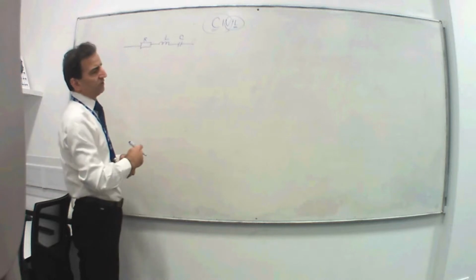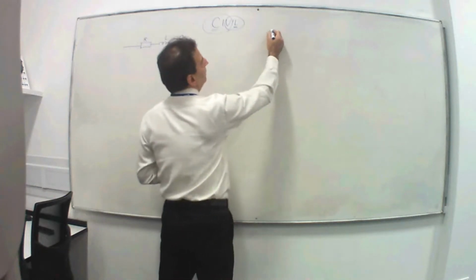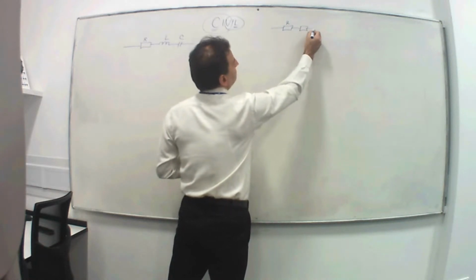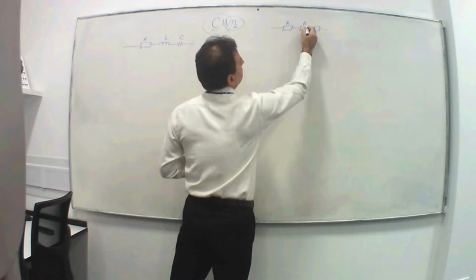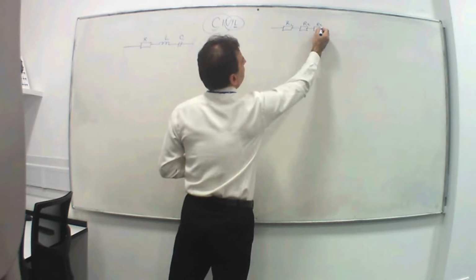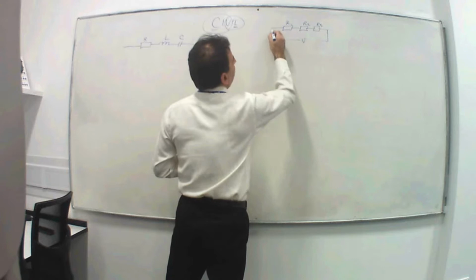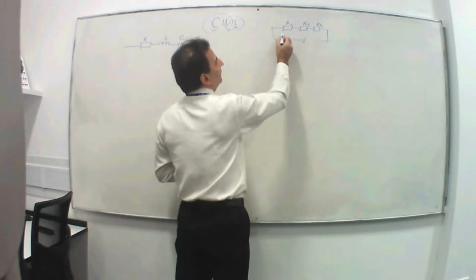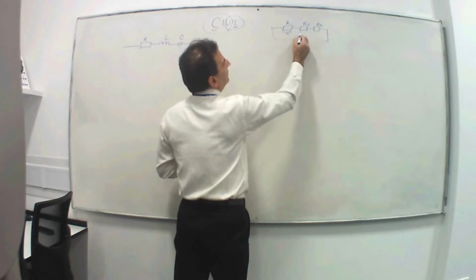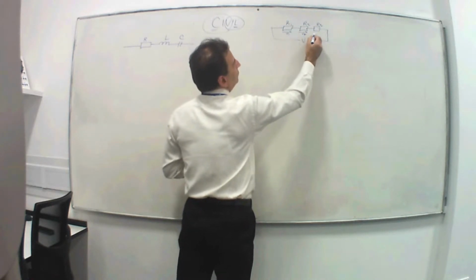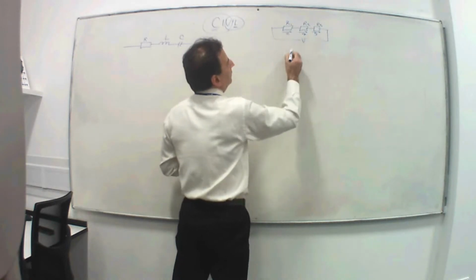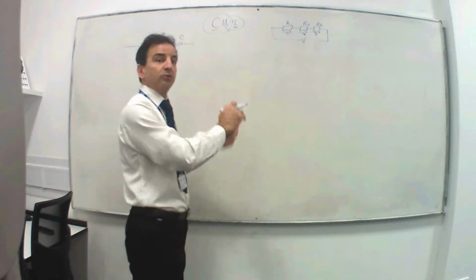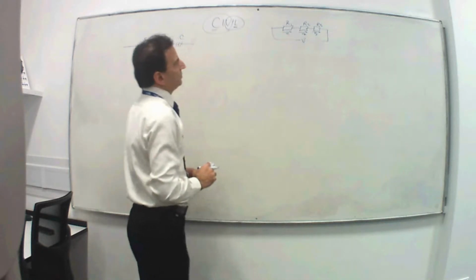Normally, if it was a DC circuit and you had only resistors there, R1, R2, R3, and your voltage, Kirchhoff's voltage law stated that if you add all the voltages in the circuit, V1, V2, V3, it would sum up to the voltage of supply. The supply voltage would be equal to the sum of all these voltages.